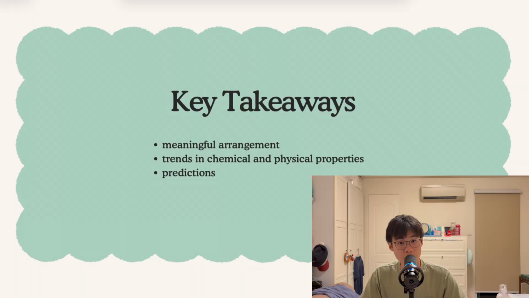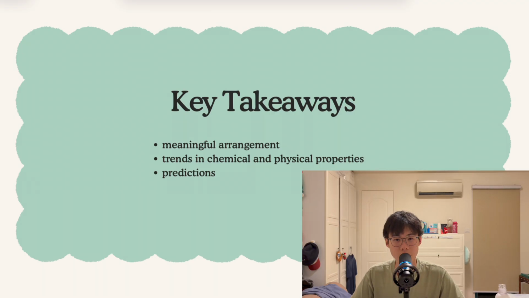So the key takeaway of this video is that the periodic table is not just a random collection of elements. Instead, it is designed carefully, most famously by Mendeleev, and it shows the trends in chemical and physical properties in terms of groups and also periods.